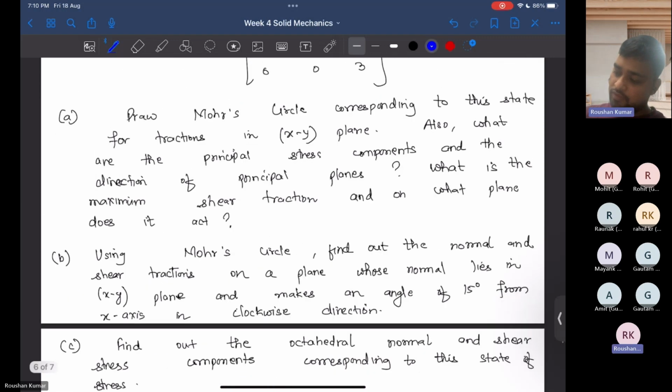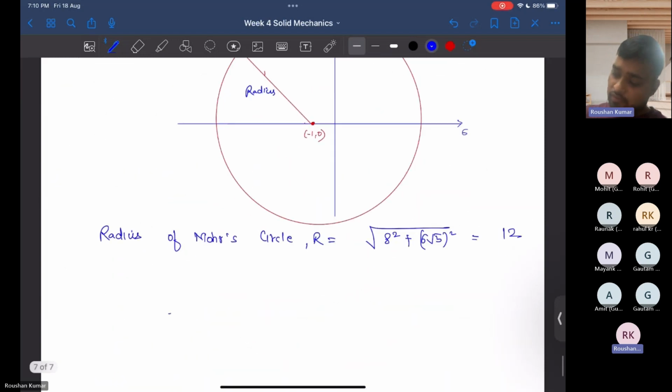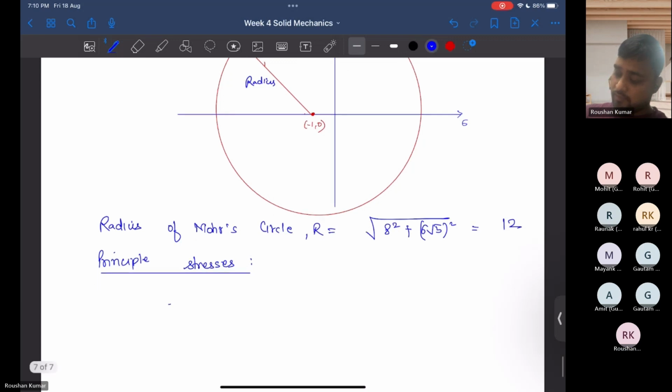In the first part, we also have to find the principal stresses along with the direction of principal planes. So for the principal stresses, first we have to find lambda 1.